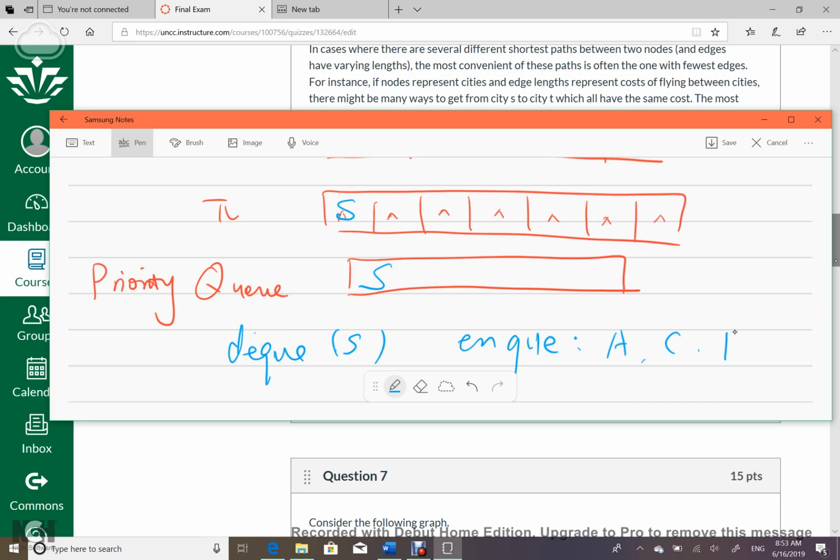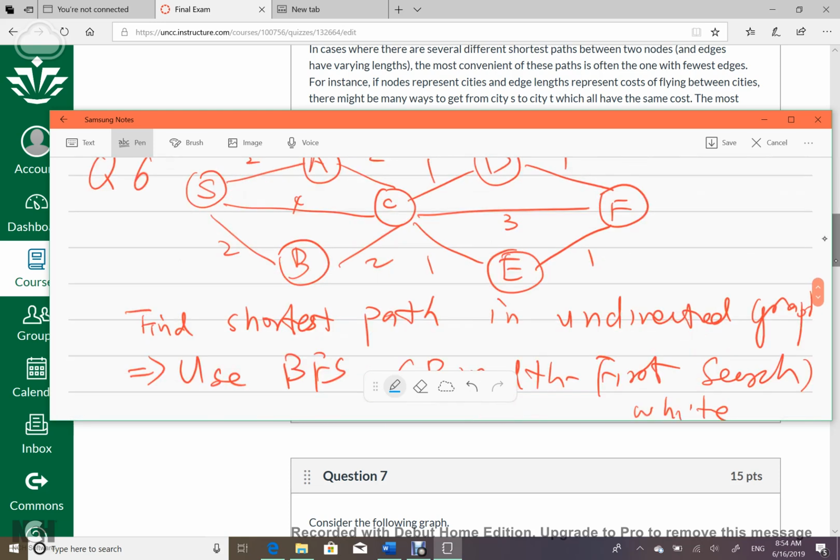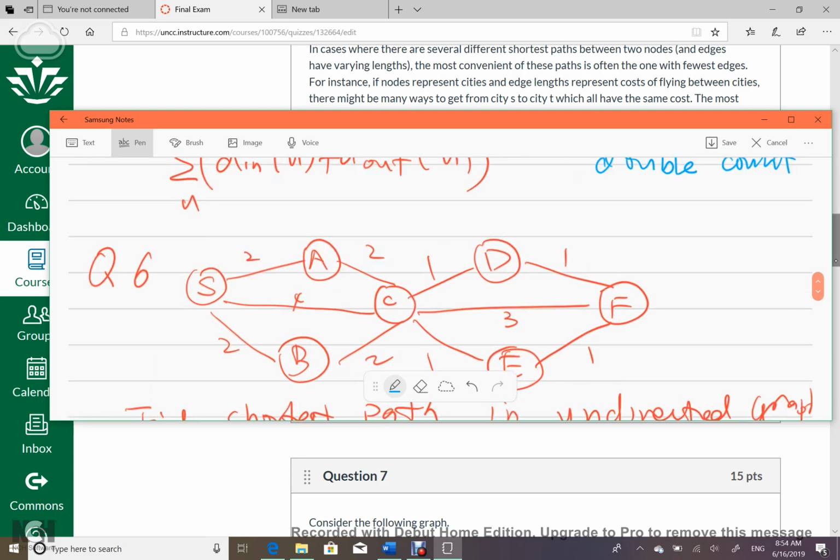A, C, B, right? Because we have to treat all its children, all its adjacent vertices. This corresponds to BFS, breadth-first search, and we treat all adjacent vertices of U equally, right?